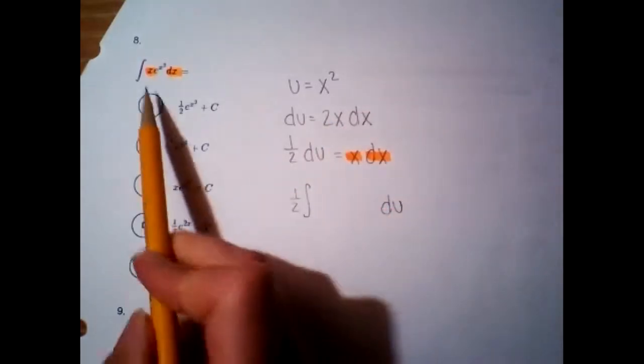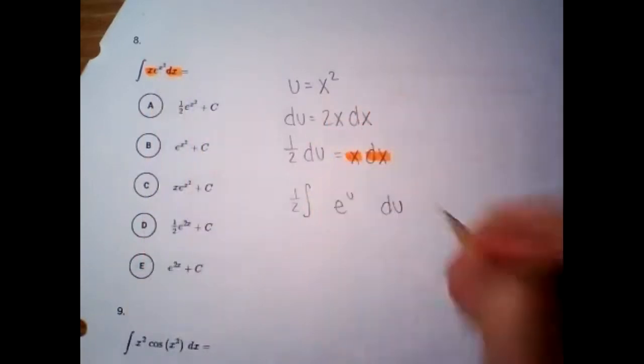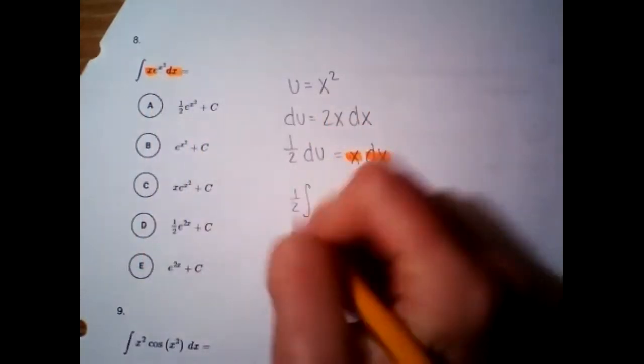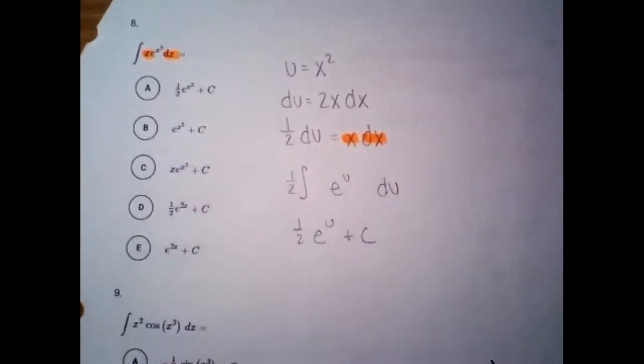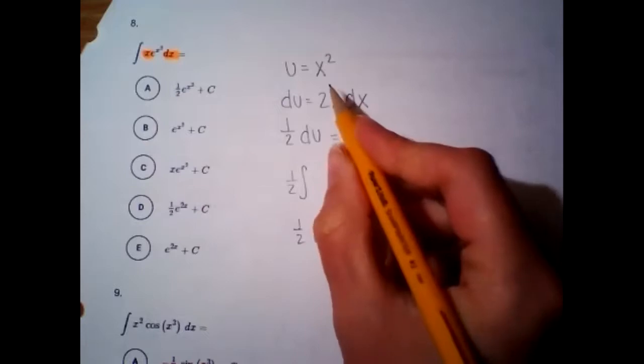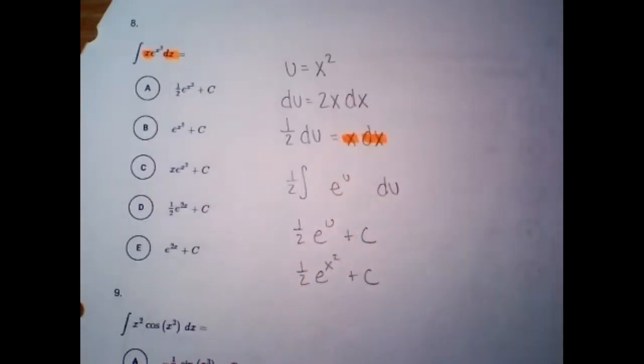And what's left that I didn't highlight is e to the u, which is its own antiderivative. And then u was x squared. So that one is A.